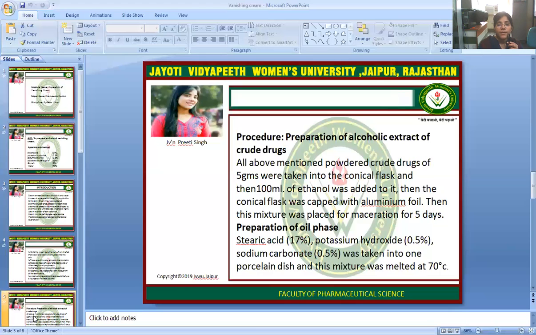Preparation of oil phase: stearic acid 17%, potassium hydroxide 0.5%, and sodium carbonate 0.5% were taken into one porcelain dish, and this mixture was melted at 70 degrees Celsius.